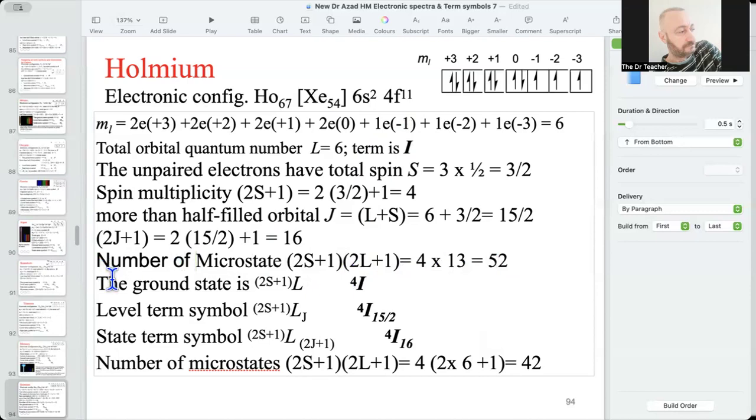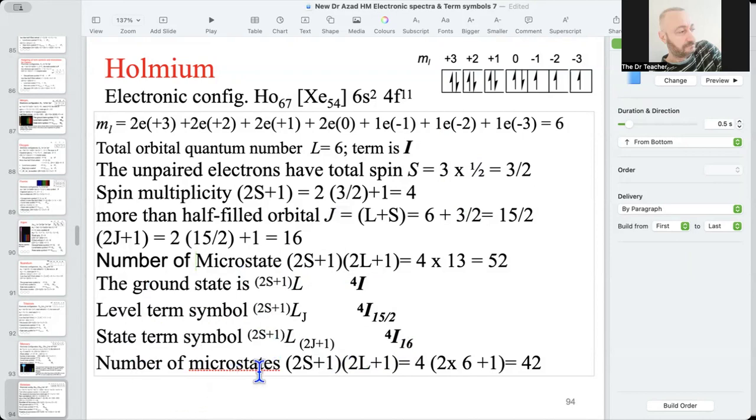So now the ground term symbol, which is L, with 2S plus 1, will be I, with the value 4. The level term symbol J is 15 over 2. The state term symbol 2J plus 1 will be 2 times 15 over 2 plus 1, which is 16.